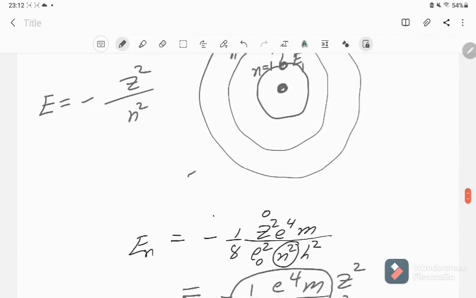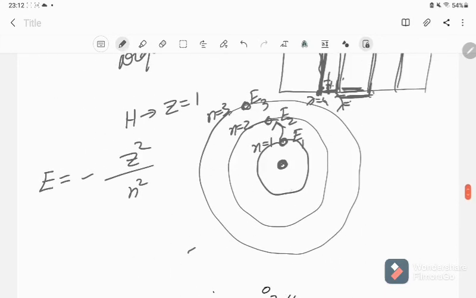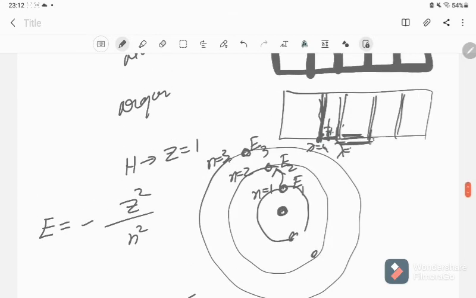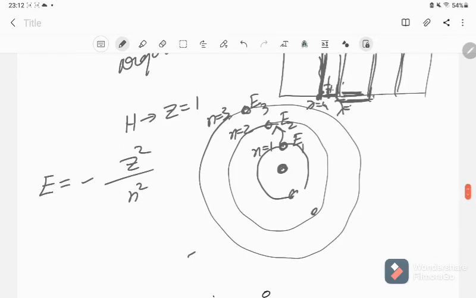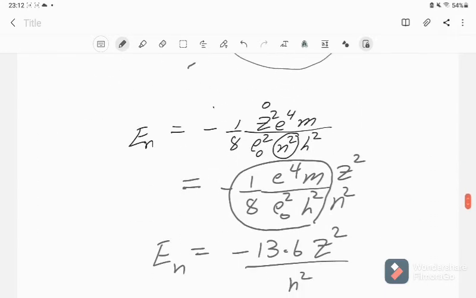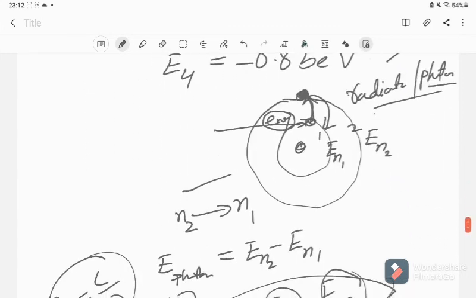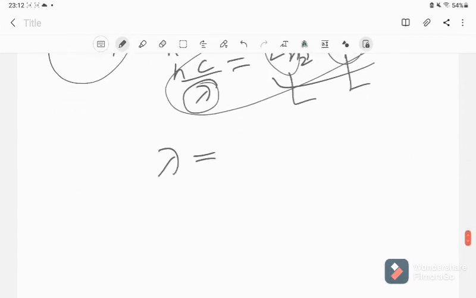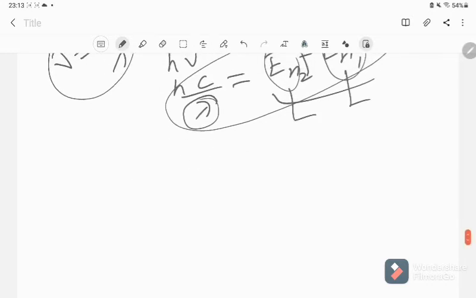This is because of fixed energy, because between these two there is no orbit, no energy orbit. Because of that the spectral lines are also fixed. Specific lambdas are there in the spectral lines. So this is Bohr's explanation of the spectral lines.